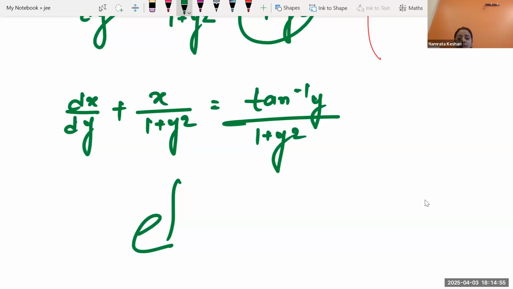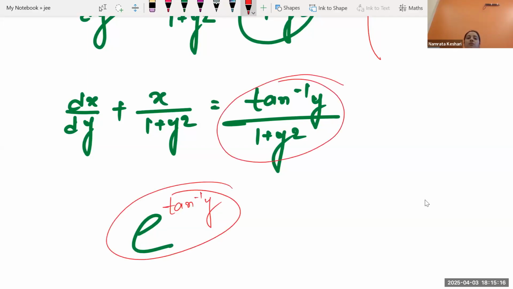What will be the integrating factor, Mira and Upasna? E raised to tan inverse y. Yeah. Okay, e raised to the power tan inverse y. Now we have the integrating factor. This one will be multiplied with this one, and we will see what can be done for doing the integration. Right?